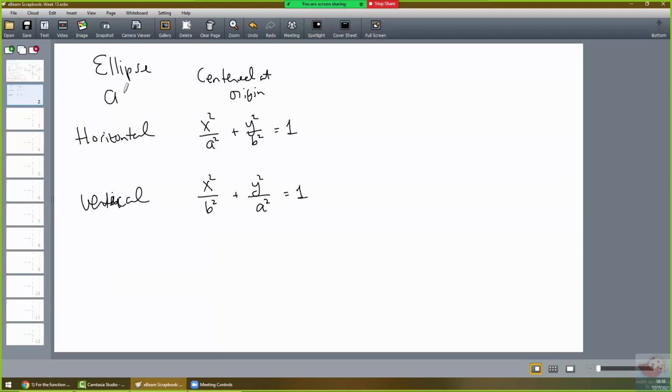And again, the huge thing is, for an ellipse, A has to be bigger than B. So if the bigger number is underneath the x term, it is horizontal. If it's underneath the y term, it is vertical. And then the only thing we're missing is how to find C. C squared is equal to A squared minus B squared. And again, that formula is also given to you.